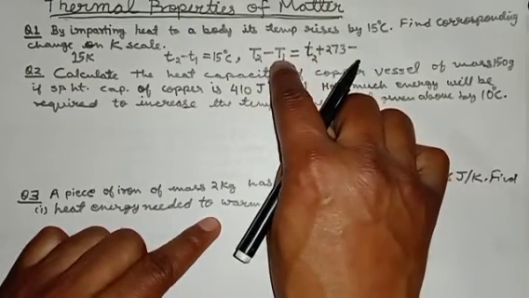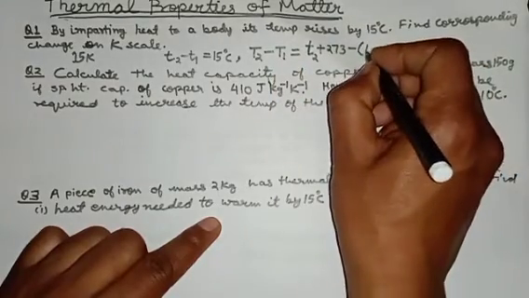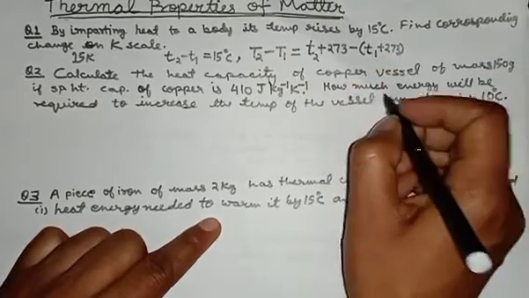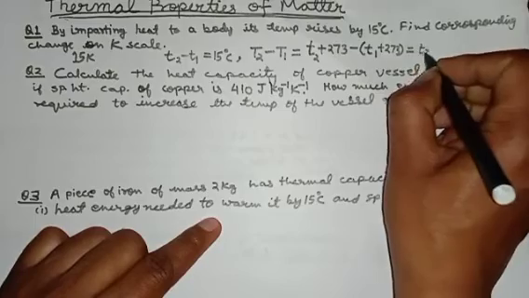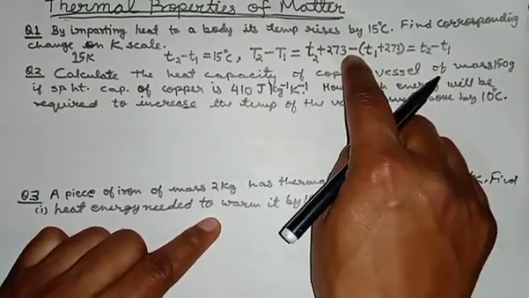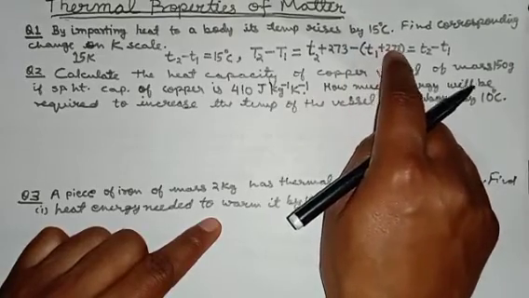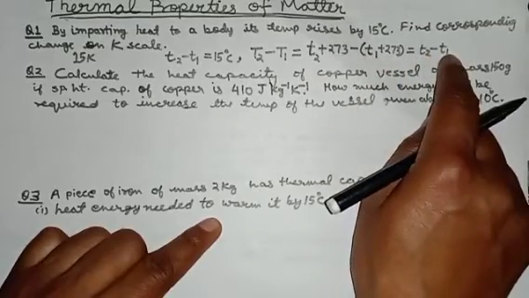So it will be t2 plus 273 minus t1 plus 273, which is t2 minus t1, because when the bracket opens, minus minus gets cancelled, so it remains t2 minus t1, which is 15.